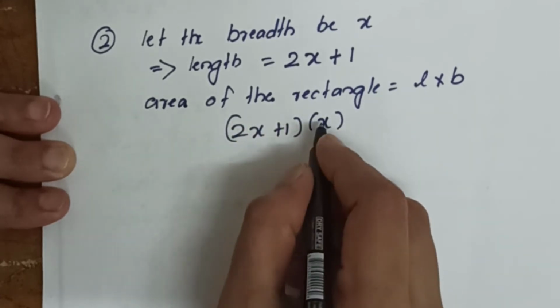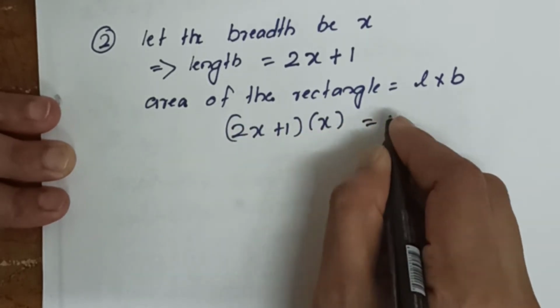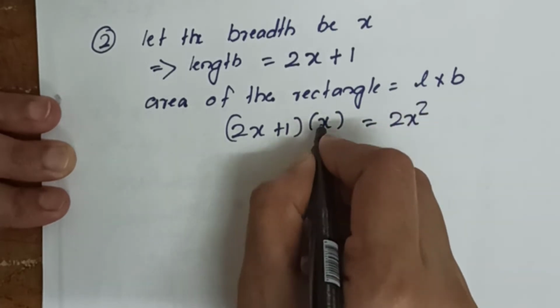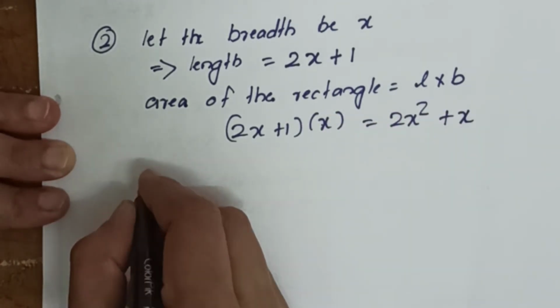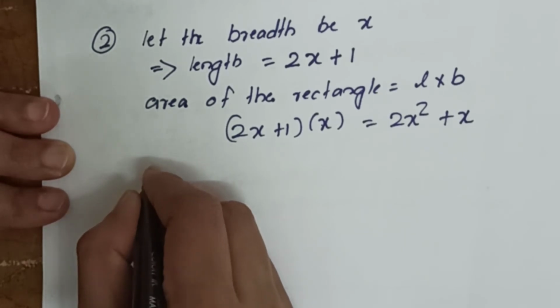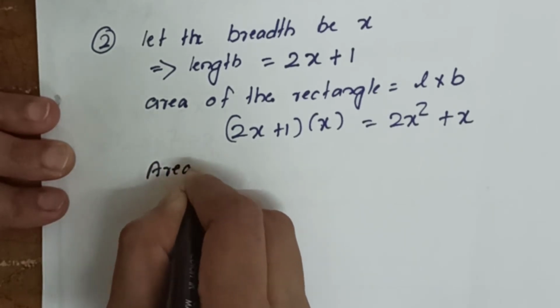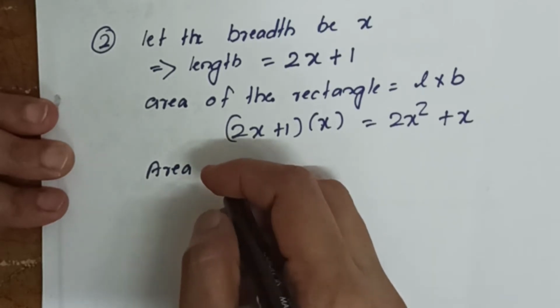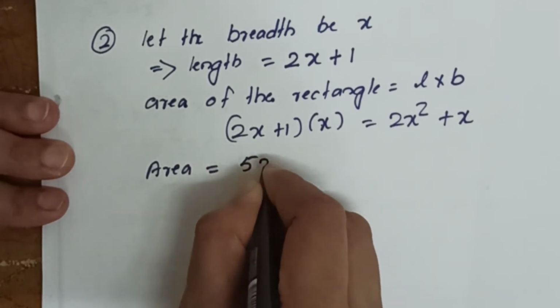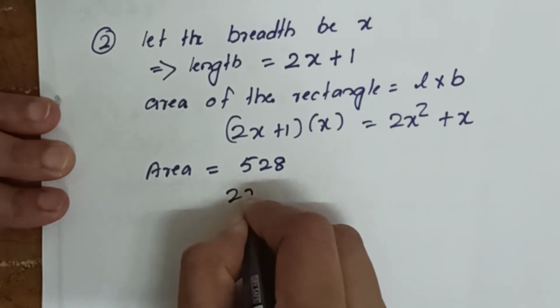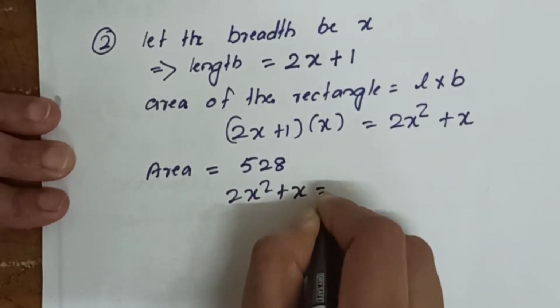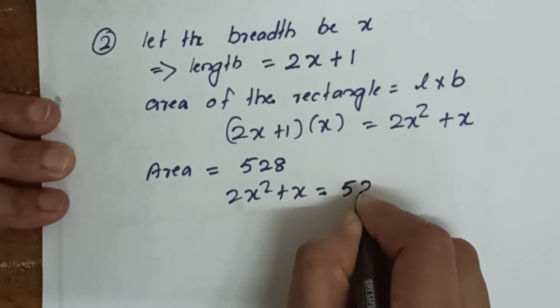We have to multiply x into 2x, that is equal to 2x square, and x into 1 is plus x. Now in the question, the area is given as a numerical value, 528. That means 2x square plus x is equal to 528.